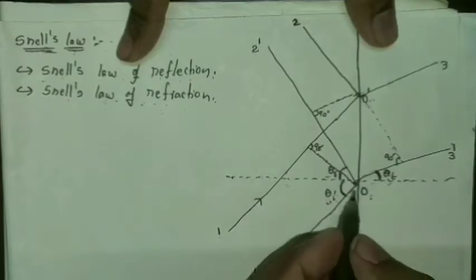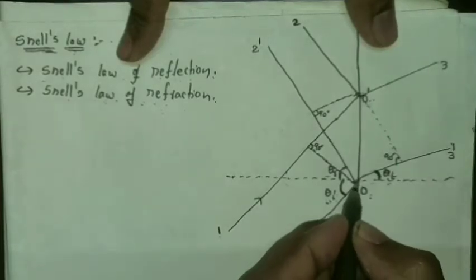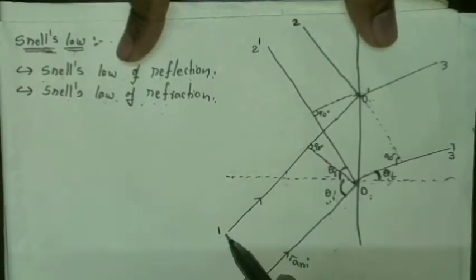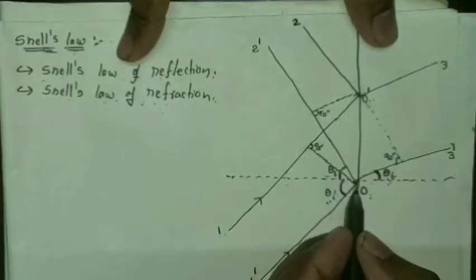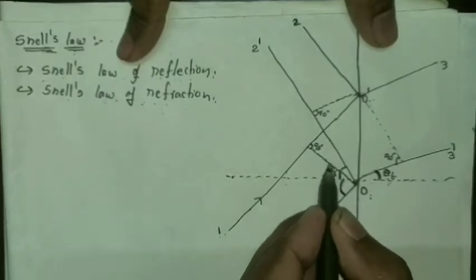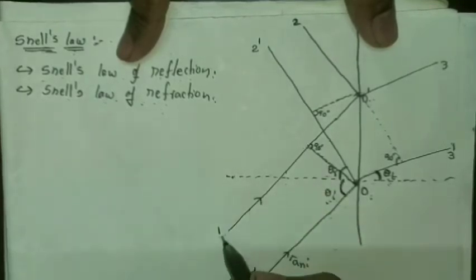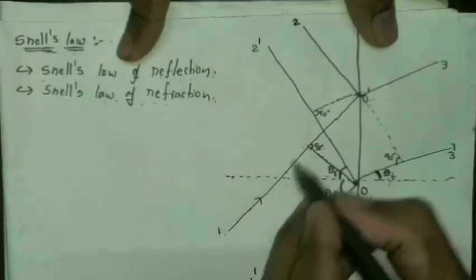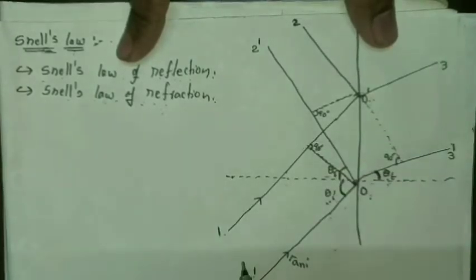Let us draw a perpendicular bisector to line 1. From point O, I have drawn a perpendicular bisector to the incident electromagnetic wave, represented by 1.